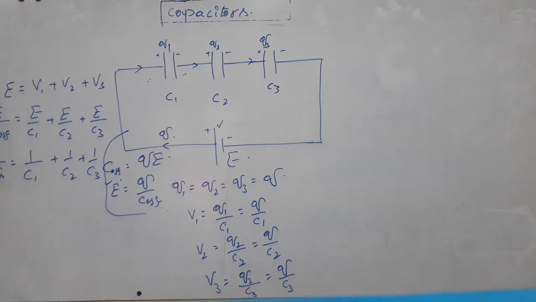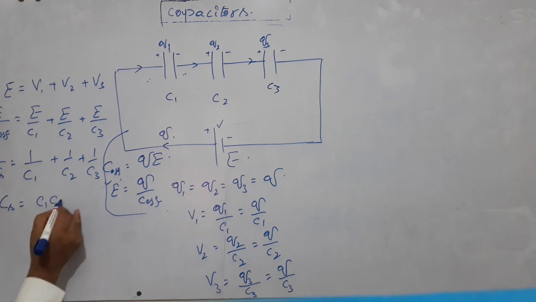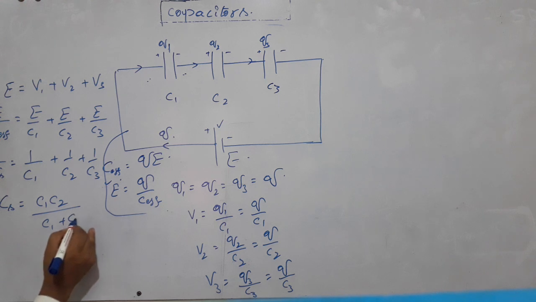If you take only two capacitors, the effective capacity Cs is equal to C1 C2 by C1 plus C2 in series combination.